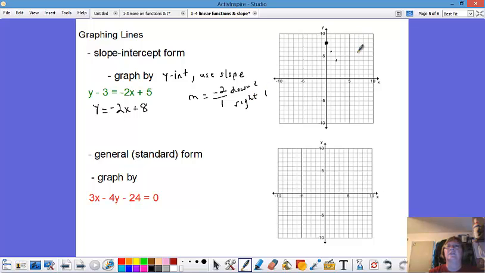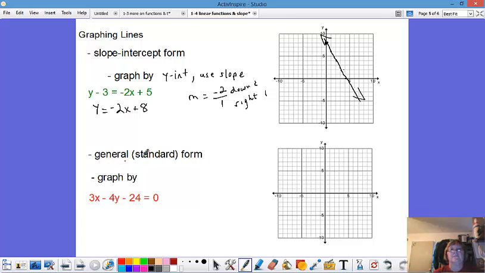And then I'll try and draw a straight line, although I know you already have experience with me. My straight lines don't always end up being too straight, but there we go. So I have my line graphed. Slope of -2, so it's falling as you read from left to right, crosses the y-axis at 8. Good. That's in slope-intercept form.